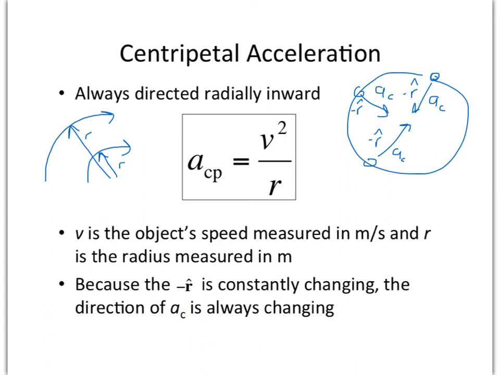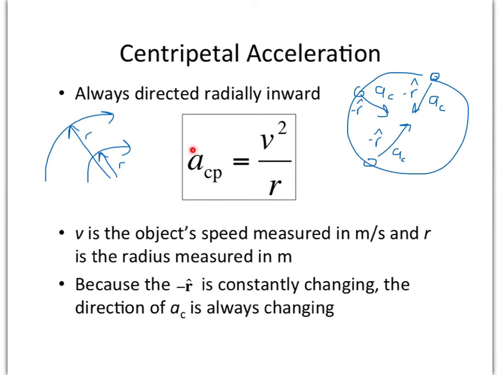Okay, so what I'm going to do is take this equation that we have right here, which was simply just given to you. We're not going to derive this, but we're just going to take this at face value, and combine it with another equation that I hope you'll find familiar in order to get equations to calculate centripetal acceleration when you need to know things like frequency and time.